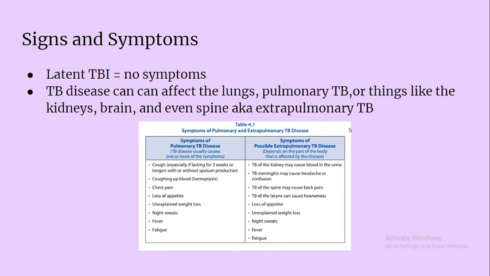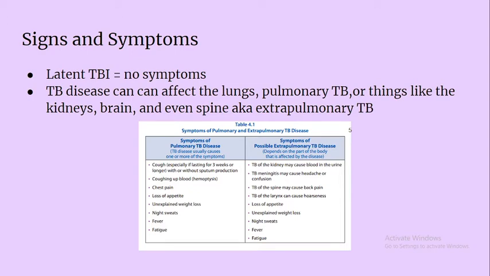But with TB disease, you see many more symptoms, and it can affect usually your lungs, like I said, because of the pathogenesis being that the TB is inhaled. You usually have pulmonary TB, but it can also affect your kidney, your brain, and even your spine, which is also called extrapulmonary TB.